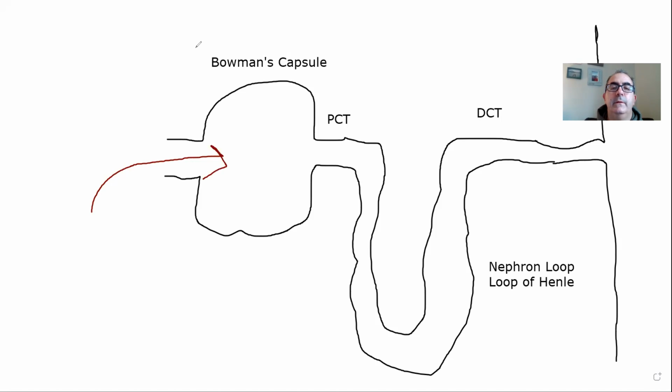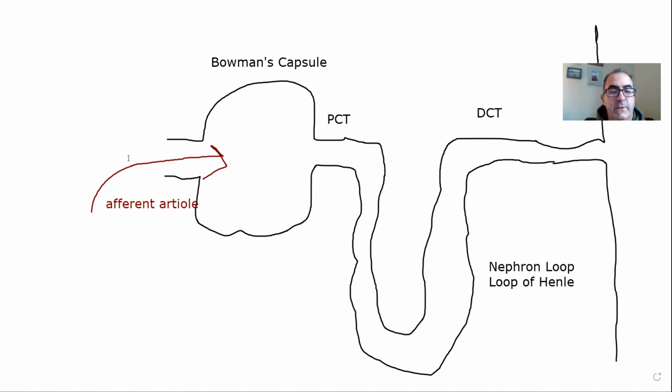That is called your afferent arteriole. Remember, arterioles are just little arteries.